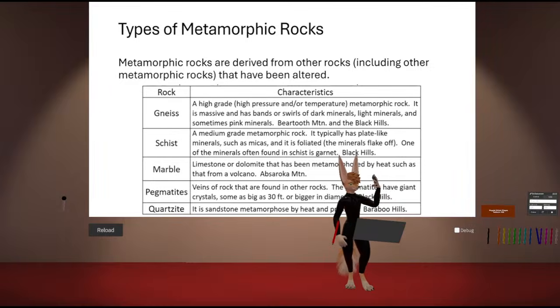Like how I mentioned coal, for example. When there is enough pressure and heat, it no longer becomes coal. It actually becomes a different sort of rock called, what's the one? Anthracite. There we go.